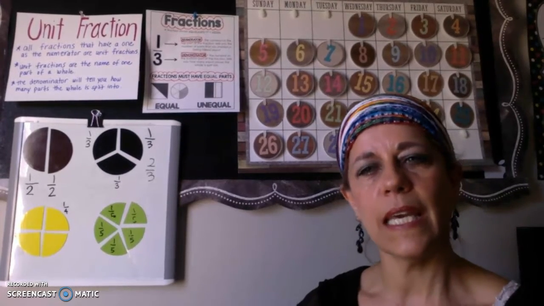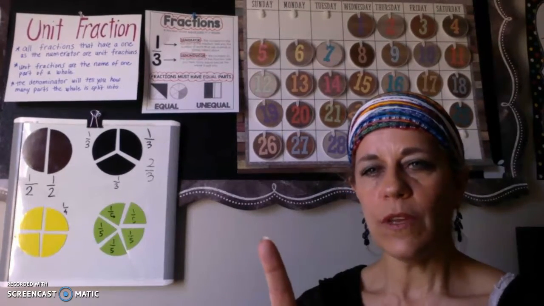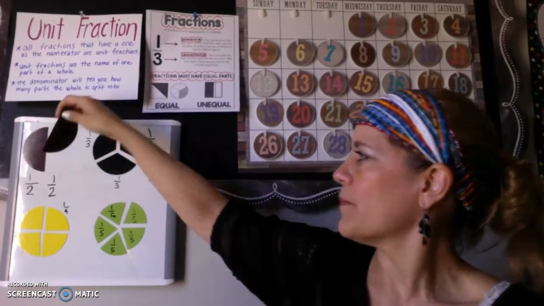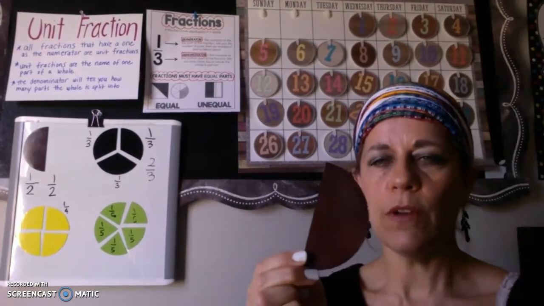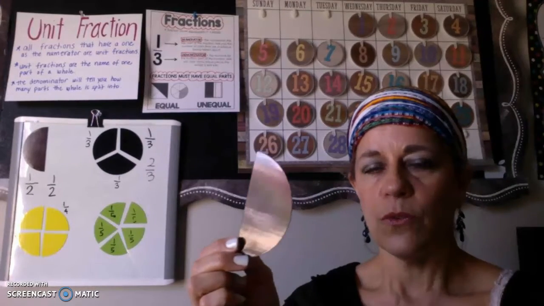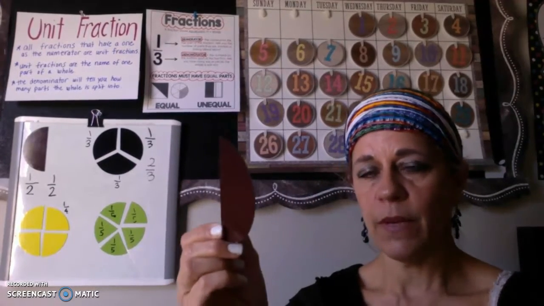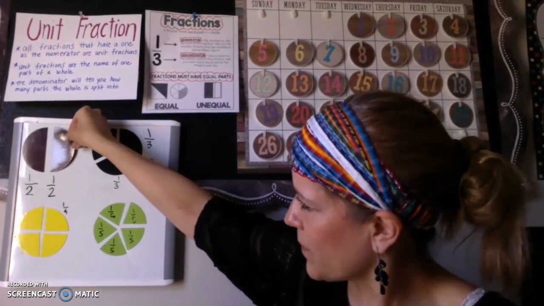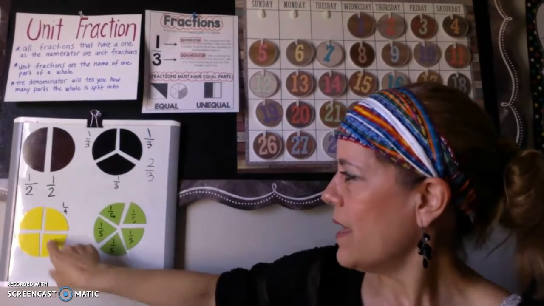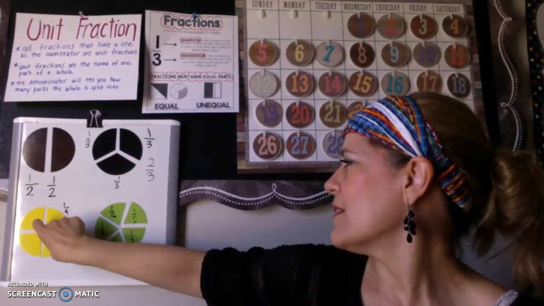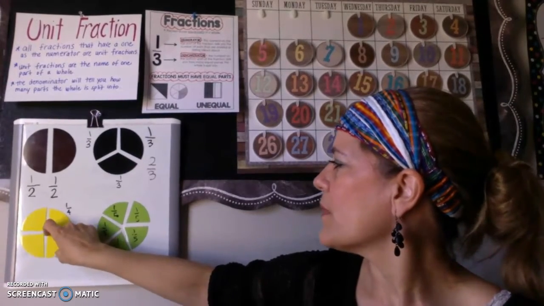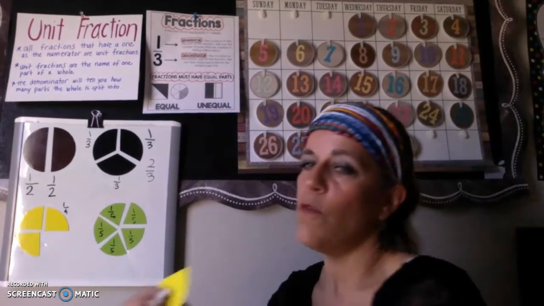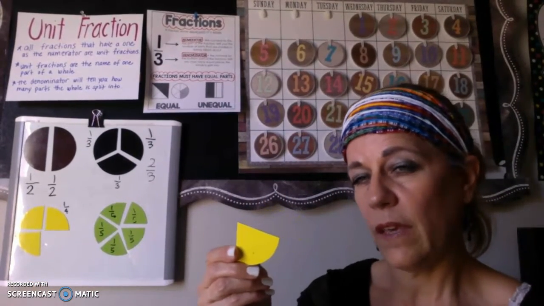And I'm going to give 1 unit fraction to you. I'm going to give you this unit fraction, 1/2. And then I'm going to give myself a different kind of cookie, but I'm going to give myself 1/4 of a cookie.